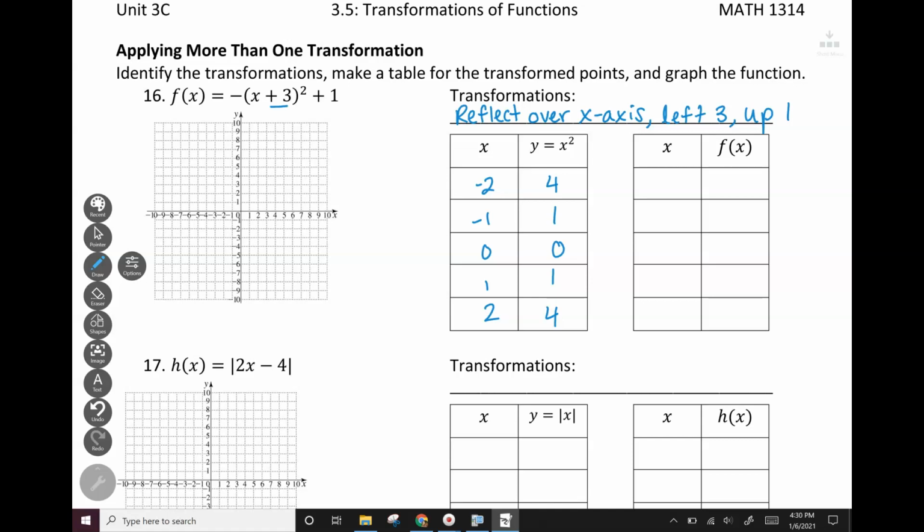First, it gets reflected over the x-axis. So remember, anything on the outside of these parentheses is affecting the y value. Anything on the inside is what's affecting the x value. So that negative is going to be multiplied by the y, because it's on the outside of the parentheses. And then that +1 at the back is going to be also added to the y, just like that.